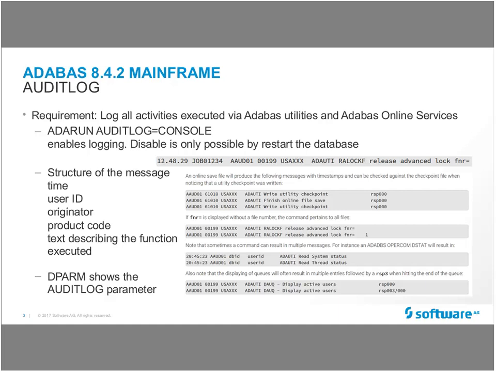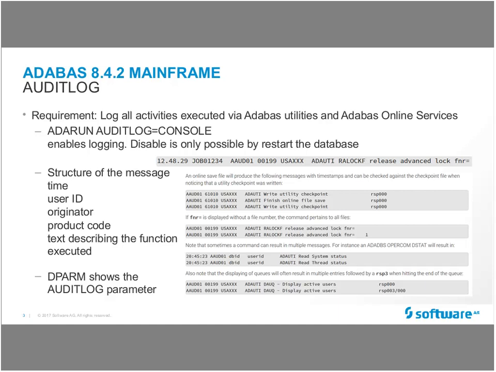You have the time, the job name, the user ID, the originator, the database ID, in this case 00199, the user, and you get information on who actually did it.